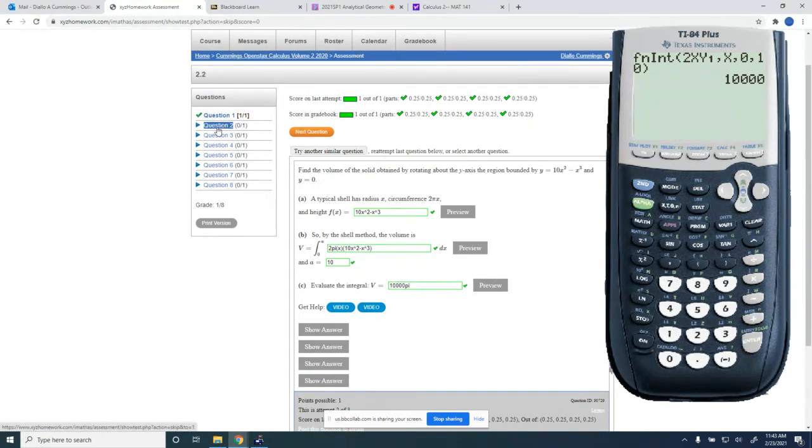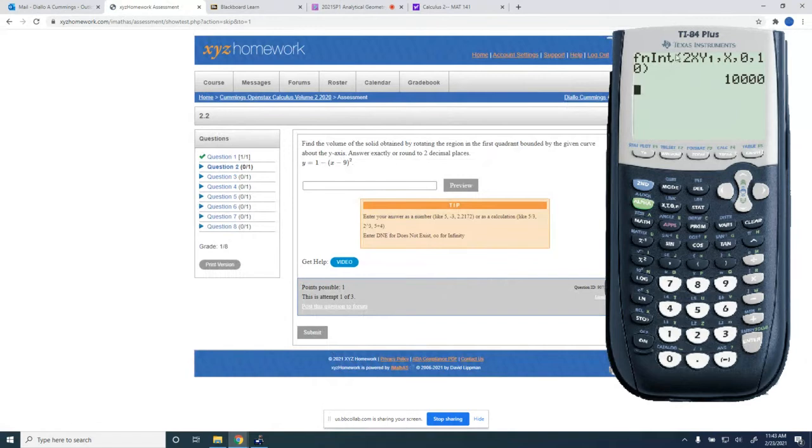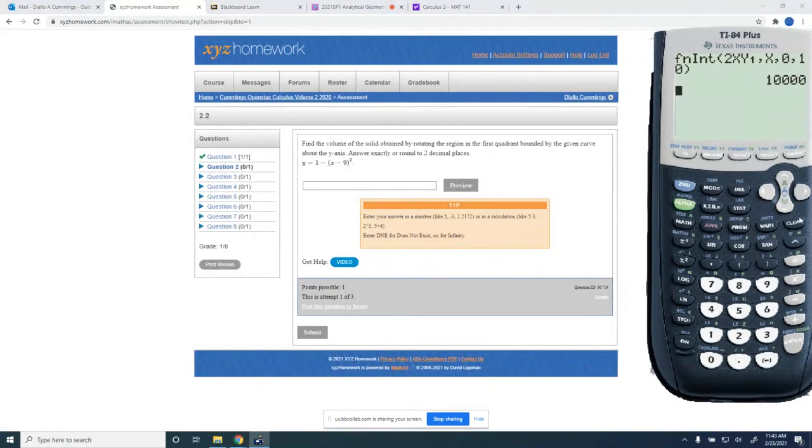Now for the second problem, notice that there is no method to use. We're simply asked to find the volume.